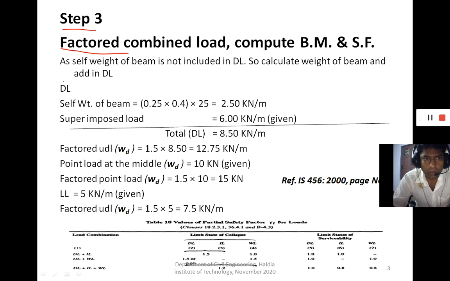So first we calculate dead load, and you know that in dead load one UDL is acting, another is point load is acting. So you calculate the dead load separately, and similarly for live load also, the 5 kN per meter is given.